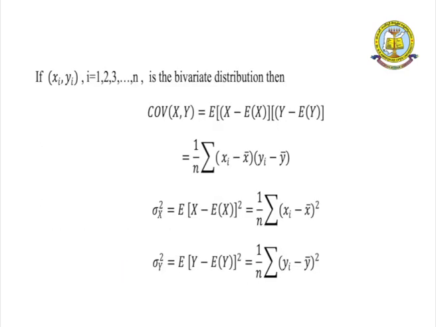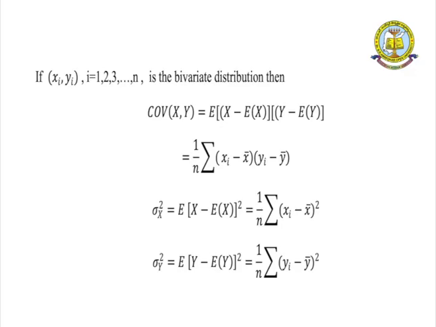If (xi, yi), i takes the values 1, 2, 3 and so on up to n, is the bivariate distribution, that means a pair of observations, then what is the covariance of x comma y formula in terms of mathematical expectation?